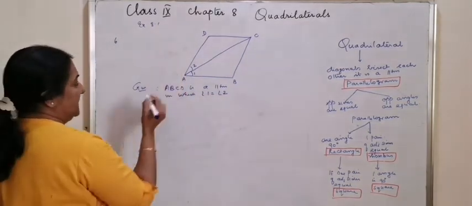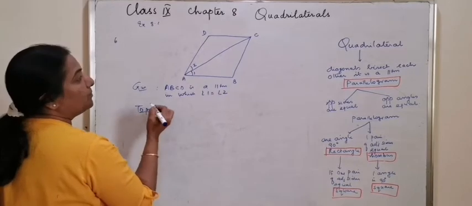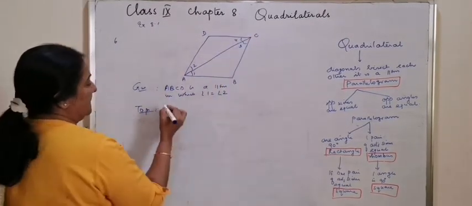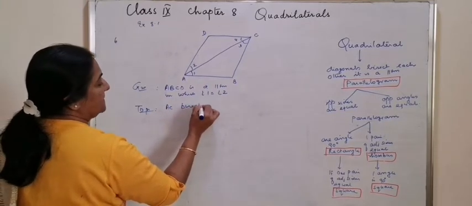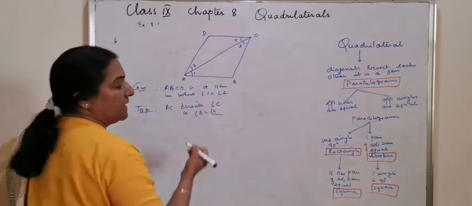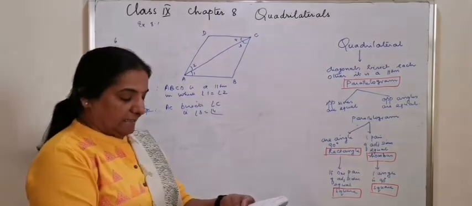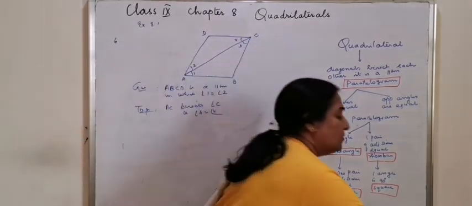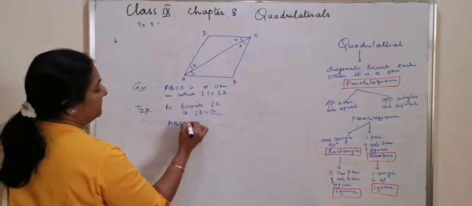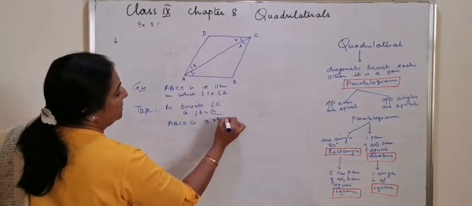What is to prove is the diagonal AC bisects angle C, that is angle 3 is equal to angle 4, and the second condition, ABCD is a rhombus.